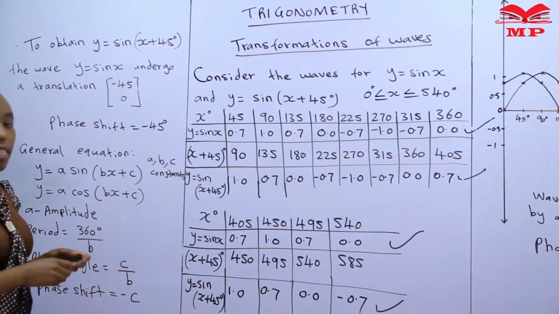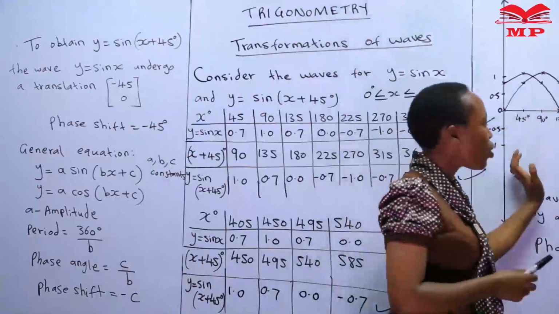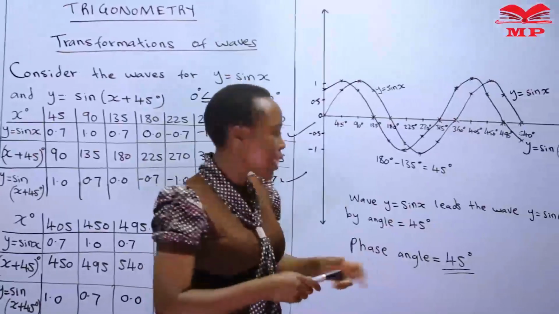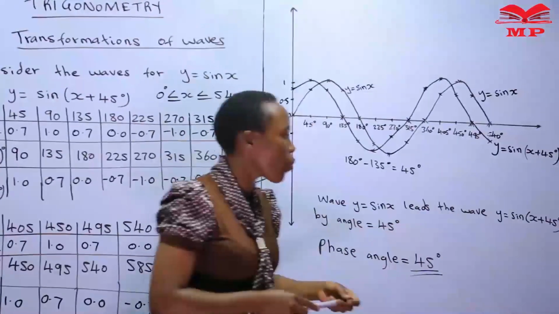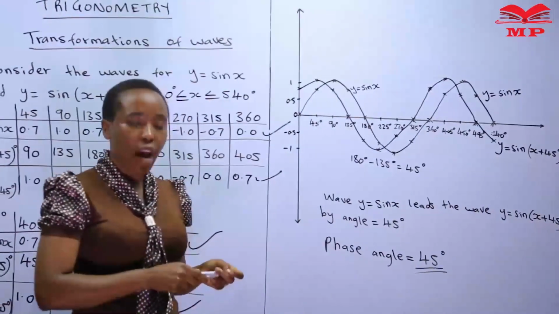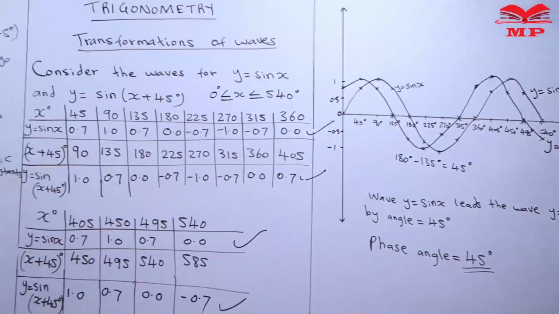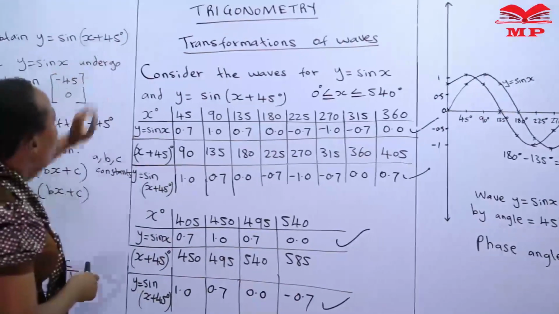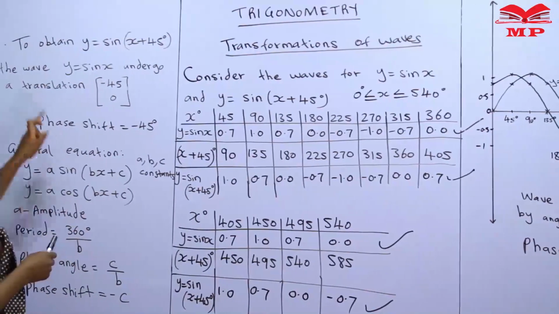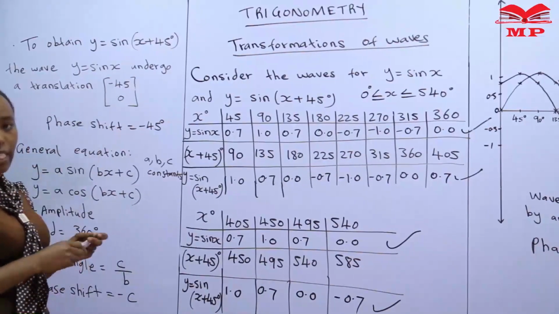So that's how we describe this kind of transformation, whereby we have wave y is equal to sine x leading wave y is equal to sine x plus 45 degrees by 45 degrees. And we say therefore, to obtain y is equal to sine x plus 45 degrees, the wave y is equal to sine x will undergo a translation of negative 45, 0.